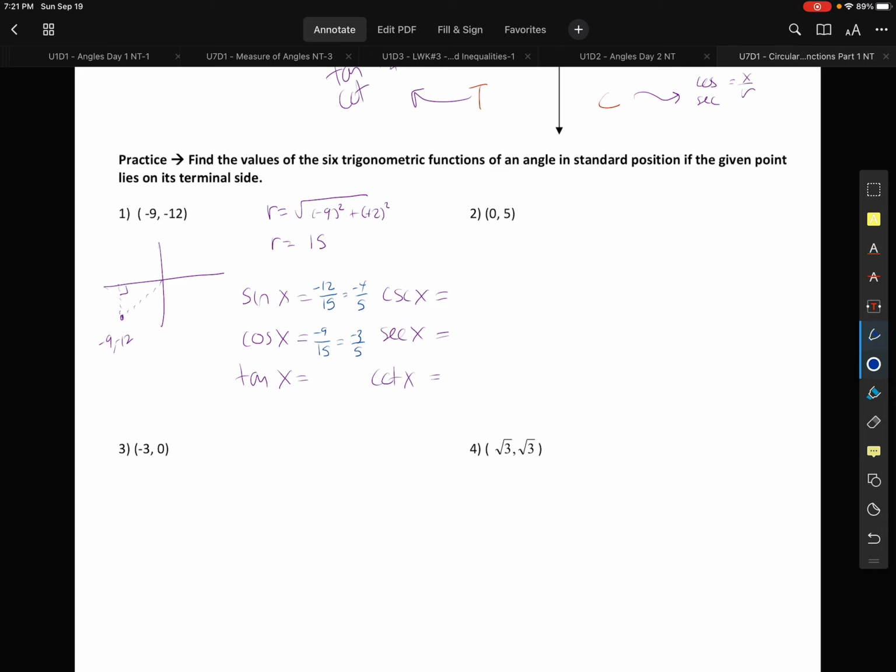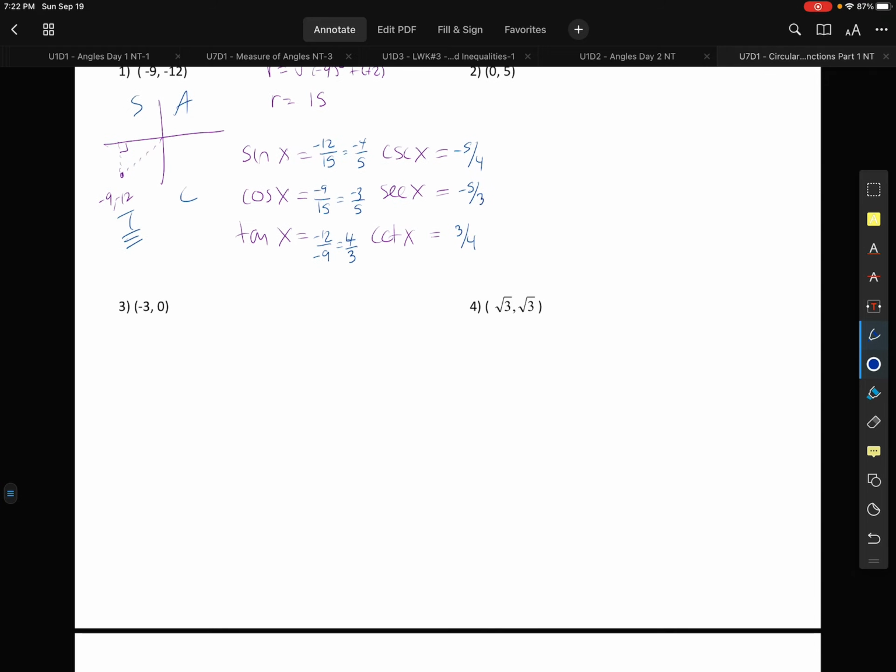Tan, y over x, -12 over -9, 4/3. So just based on working this out, A, S, T, C, tan's positive. Using the x, the y, and the r, tan just ended up being positive, while the other ones are going to be negative. Now we got our flip-flops, -5/4, -5/3, and 3/4.